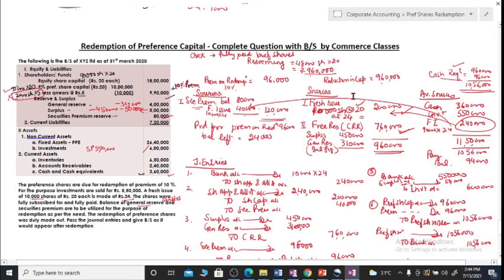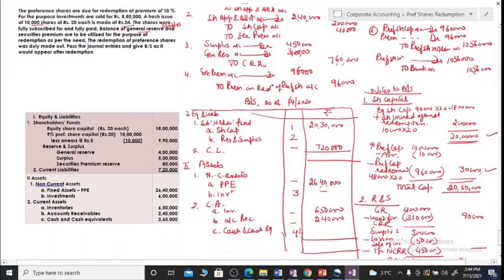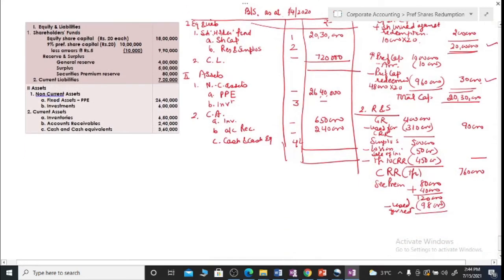Yes, the premium that we have used is 96,000. See, because I'm doing it here, I need to check the amounts again and again. I don't want to have any mistake here. So I'm left with a balance of 24,000, which implies that you have 8,74,000 as the reserve and surplus balance. Okay, this we can do.